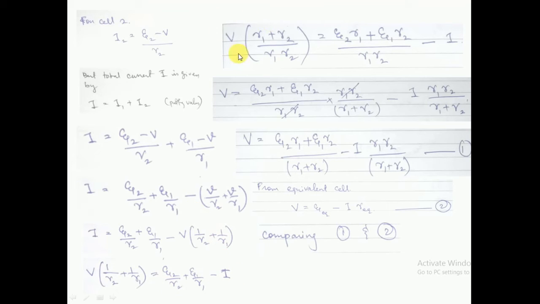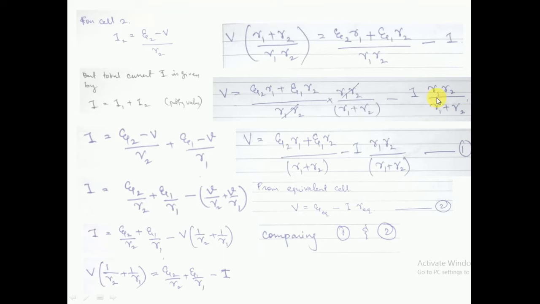Okay, next step, I'm simplifying this side, so it will be the LCM of R1 and R2. Now I'm cross multiplying this to this side. R1 and R2 will go to the numerator and R1 plus R2 will come to the denominator, and these two will get cancelled, and again I have to cross multiply this with I also.